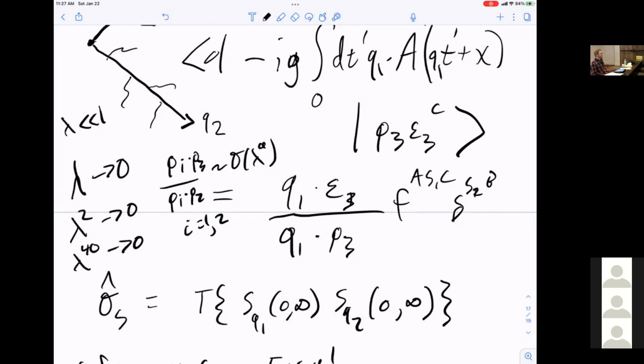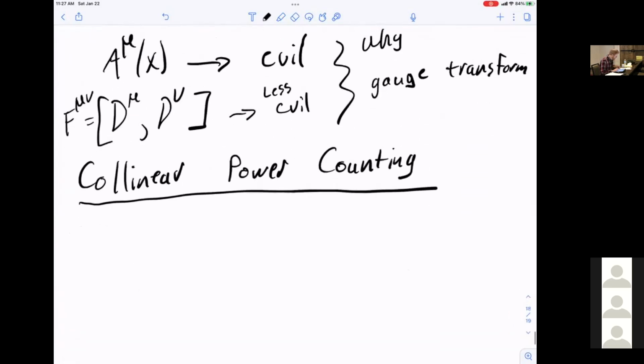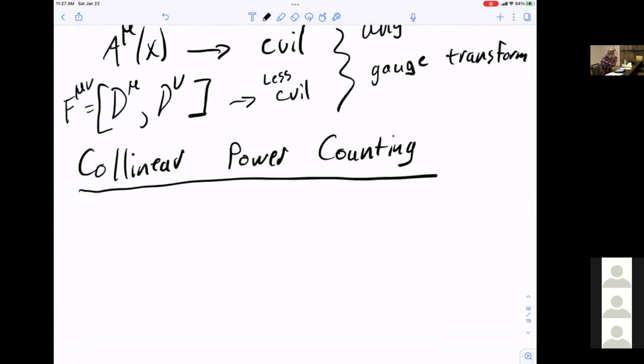And you would write down different subleading power Lagrangians depending upon the power counting that you assign to your soft radiation. But right now, we're just doing leading power stuff. We're not going to worry about such complications.